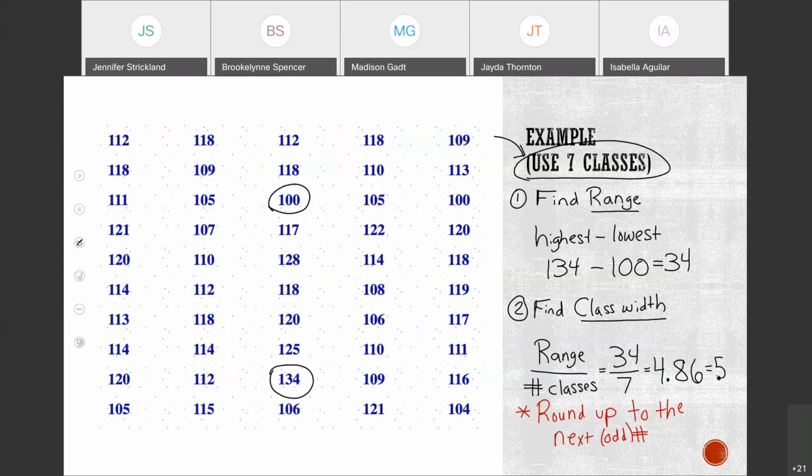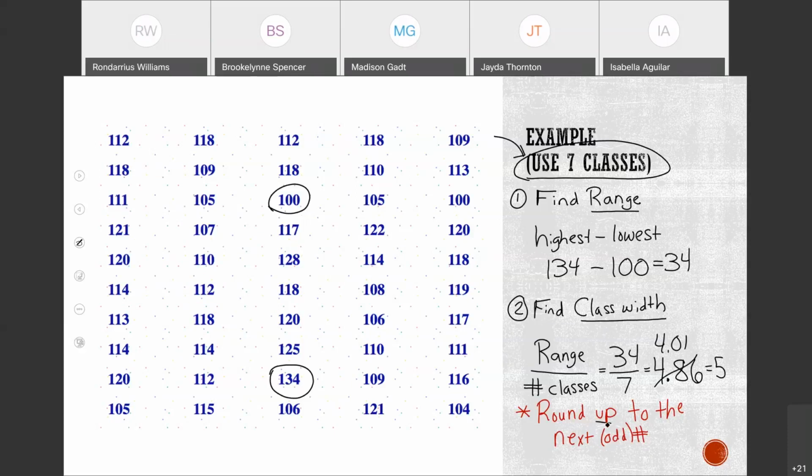All right, so let me ask you, if instead of that 4.86, what if instead of that, I had gotten 4.01? Would I still round it to 5? It'll be 4. Actually, not, okay?